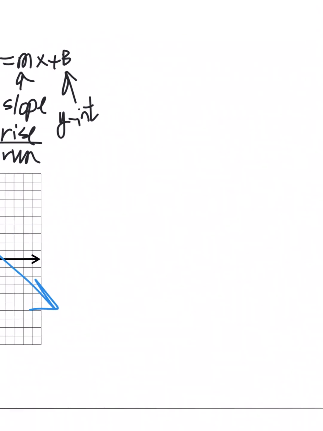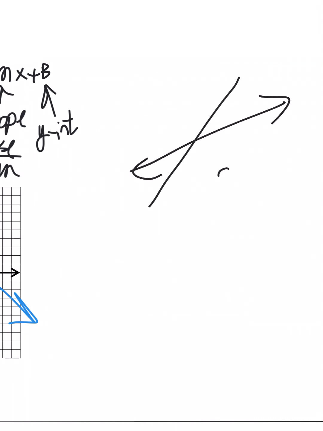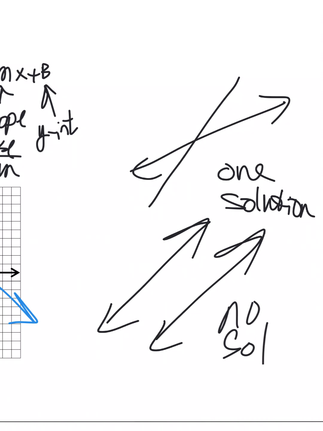Last point I want to make is we have multiple ways that systems can happen. You could have 2 lines that intersect, and therefore you have one solution. You could have 2 lines that are parallel that have no solution because they don't intersect at all.